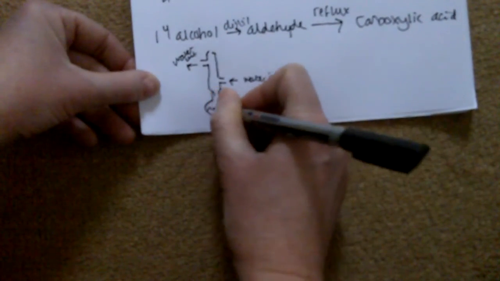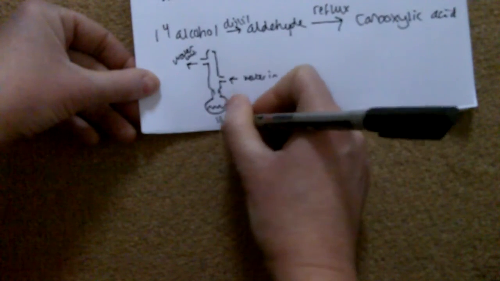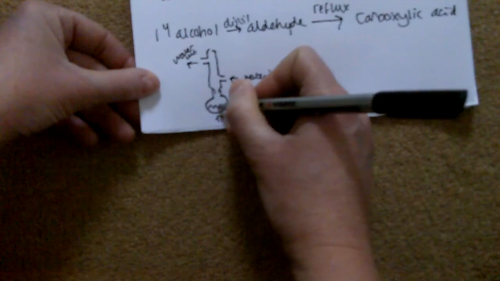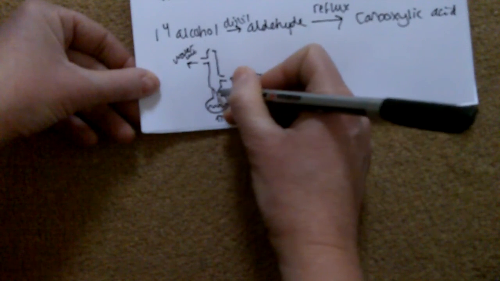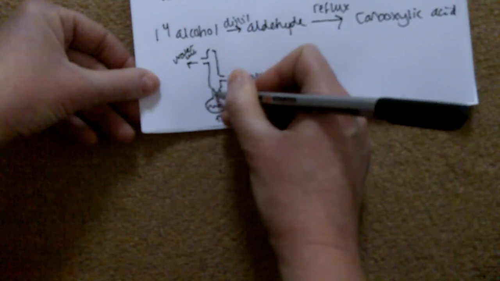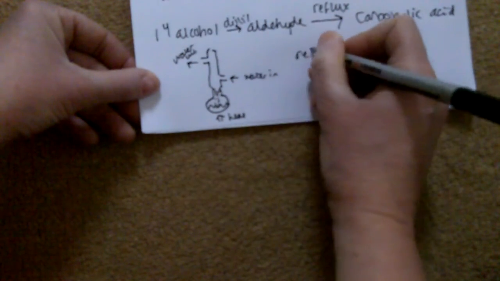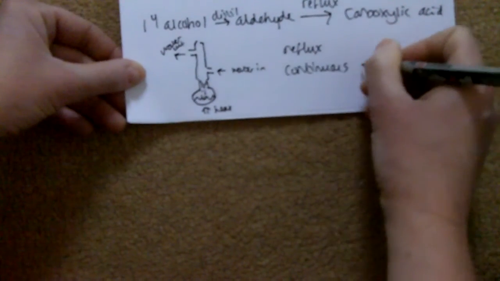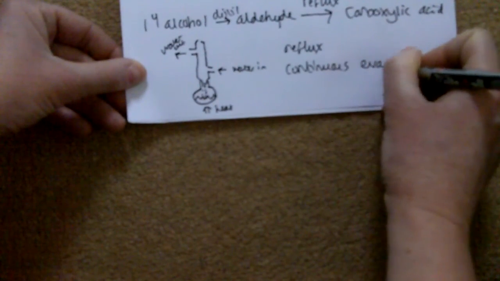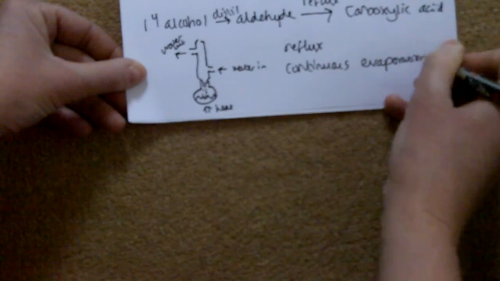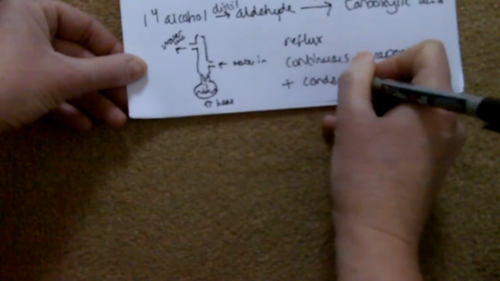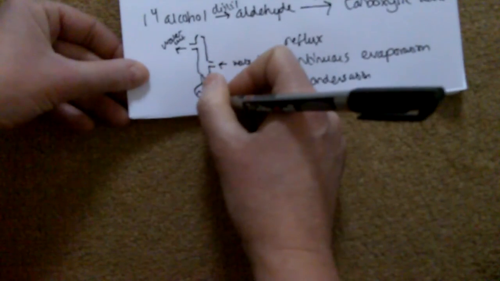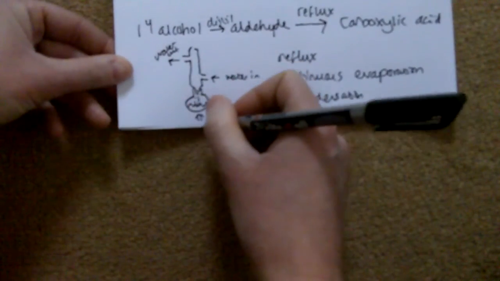Then you've got your chemicals in the flask, and then you heat it up, and it evaporates, hits the cold condenser and turns back into a liquid. So reflux is the continuous evaporation, boiling, evaporation, and condensation. It's all heating within the flask, so none of it is escaping.